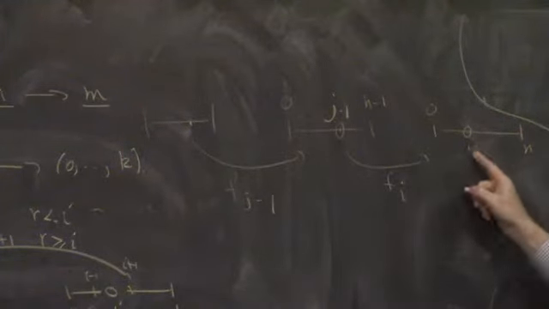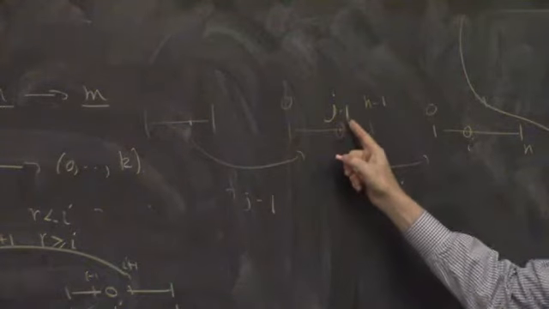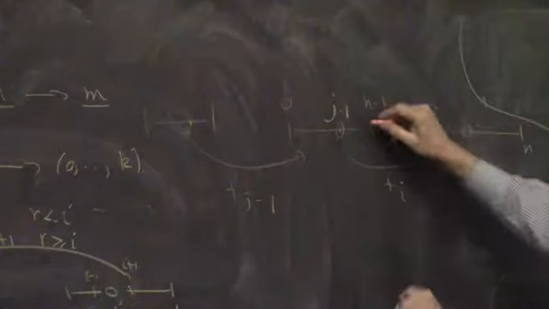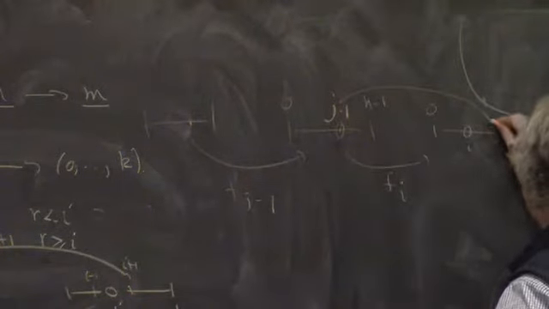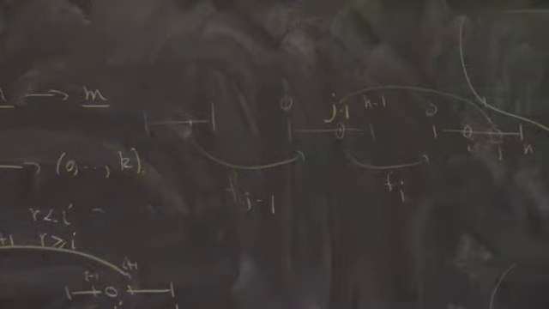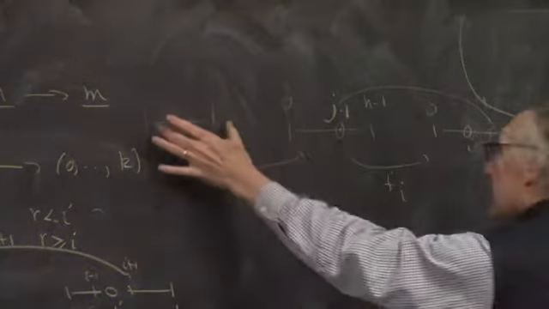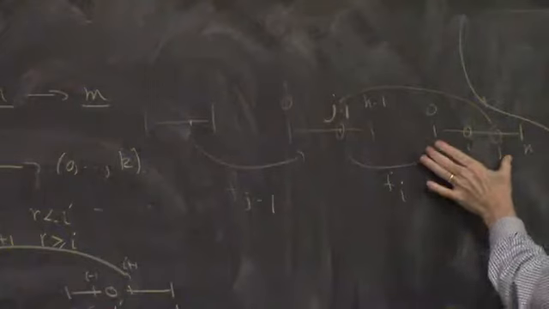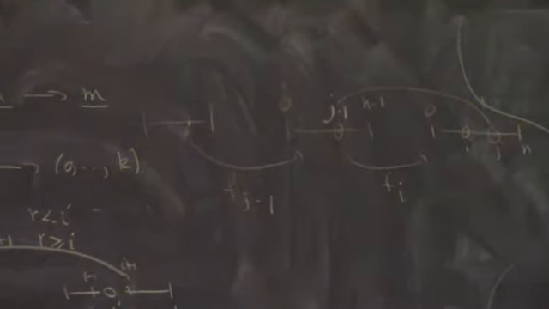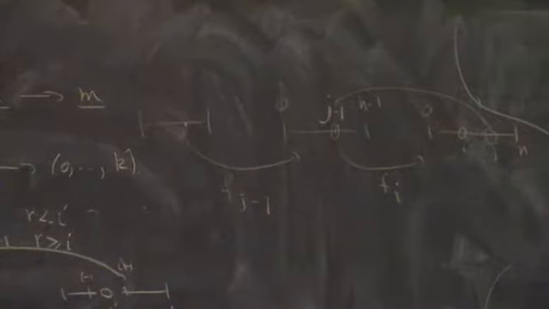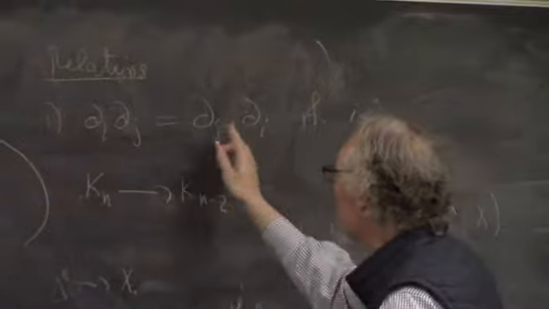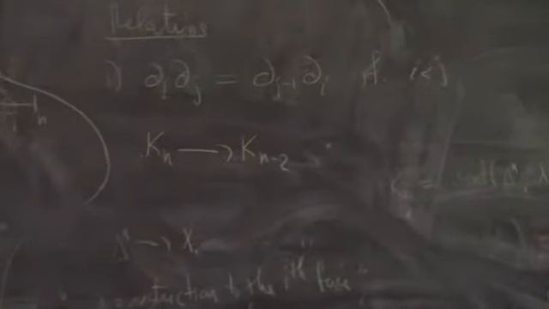But because i is less than or equal to j minus 1, under this map, j minus 1 goes to j. So this composition also is the embedding of delta n minus 2 into delta n, the same two vertices missing. And that was under the assumption that j minus 1 was greater than or equal to i, which is the assumption that i is strictly less than j.